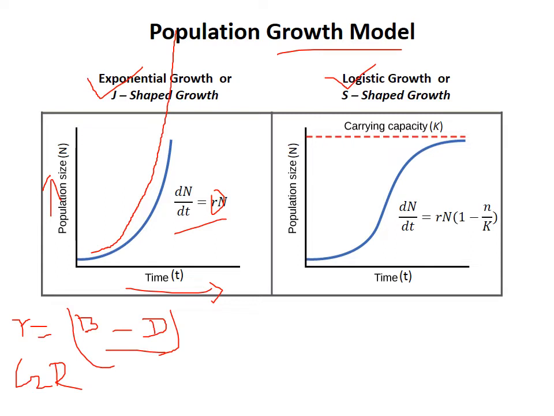This is the exponential growth curve. In the case of the logistic growth curve, as time increases, the population size has a unique pattern. At the initial time, the population has a very slow growth rate, and then after this, the population has a huge growth rate, and after that the population is much more stable.